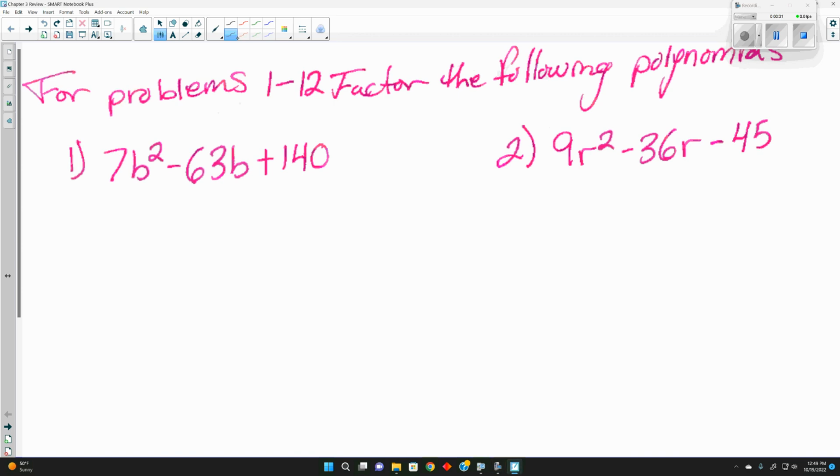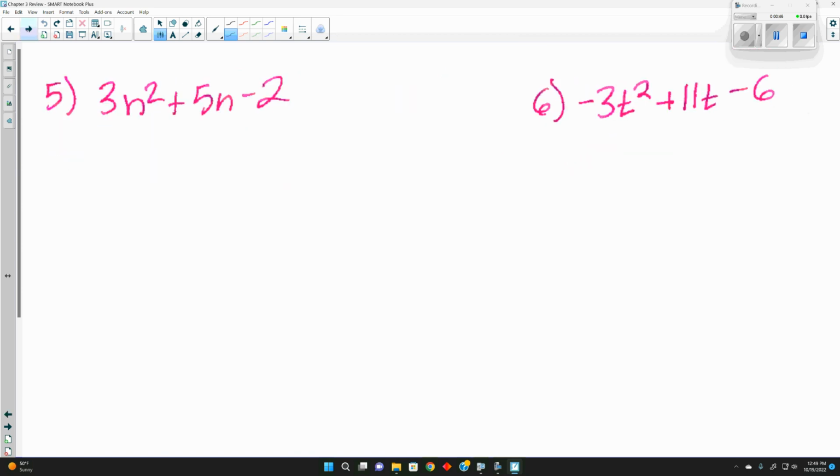So if we look at the first set, it's factoring, so we want to factor them. So 1 through 6 is one of those in particular that y'all want to look at. Which one? 6. So look at 6. So again, whenever we factor, the first thing we look for is a greatest common factor, something that will go into all three terms.